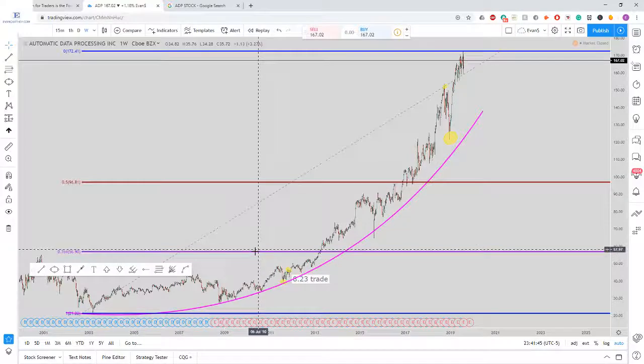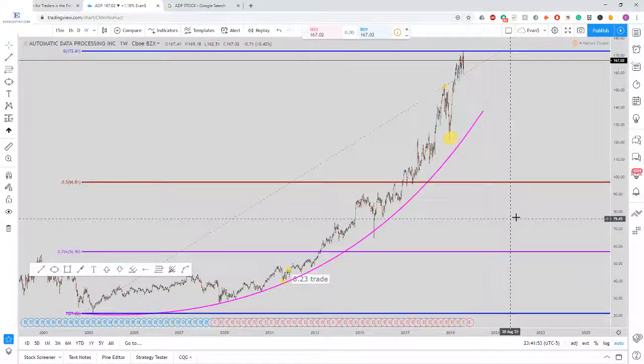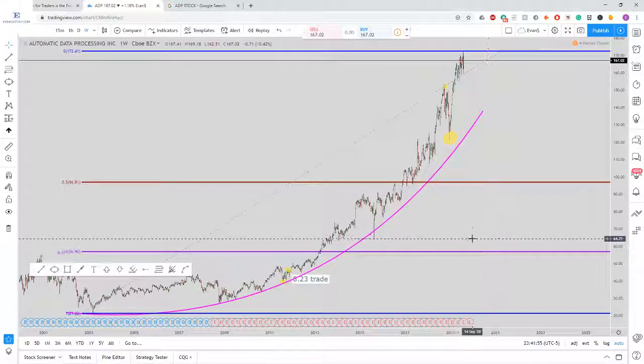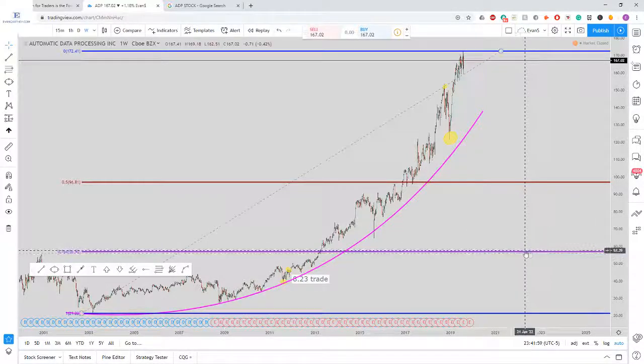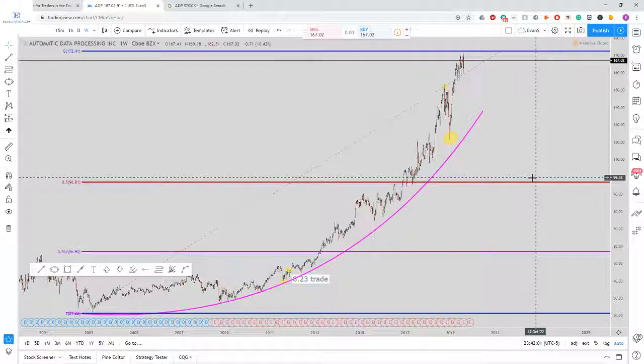Second target we'd look for would be the 76.4% target, that's around $56.90. Now, when you have a parabolic curve break, the 76 part of the curve isn't necessarily going to hit, but it is a potential second target. But the first one has to be hit for the break of the parabolic curve to be complete.